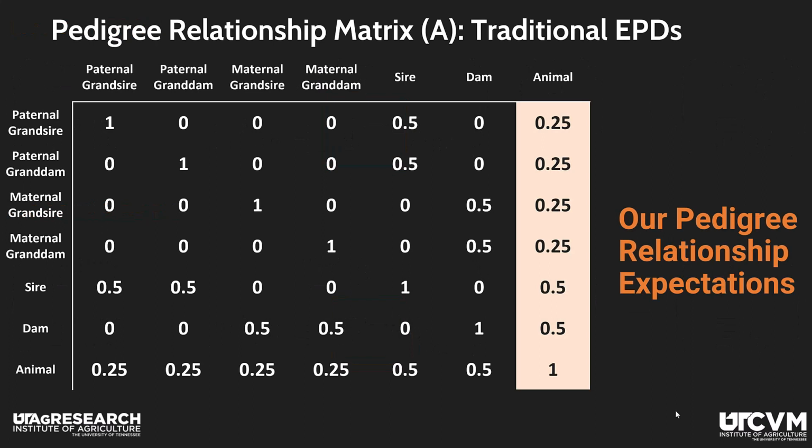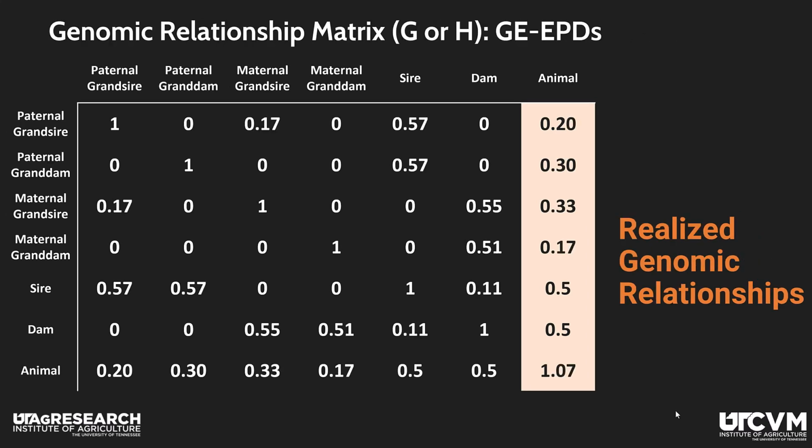The difference here, right, this is a little toy example of one focal animal, its parents and its grandparents. Again, we have these expected pedigree relationships. On average, if we have tens of thousands of animals, that'd be about the average relationship between an animal and each of its grandparents. Genomic reality is that this animal in particular is more related to its paternal grandam and maternal grandsire than it is to its maternal grandam and paternal grandsire, right?